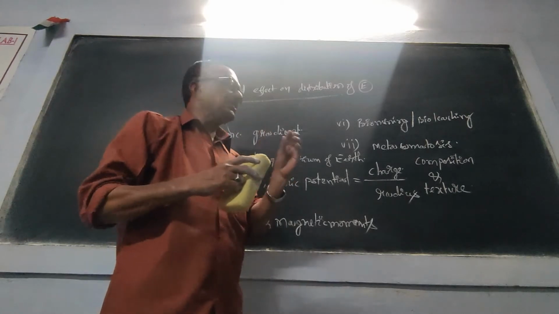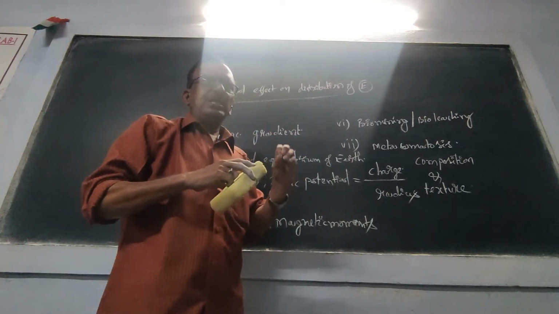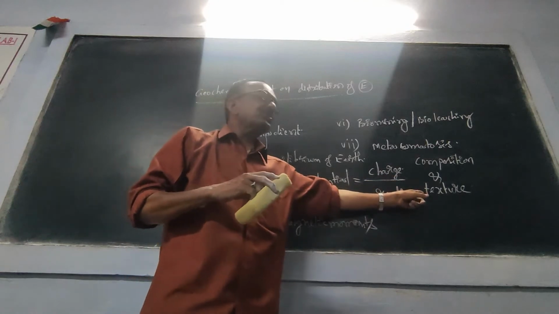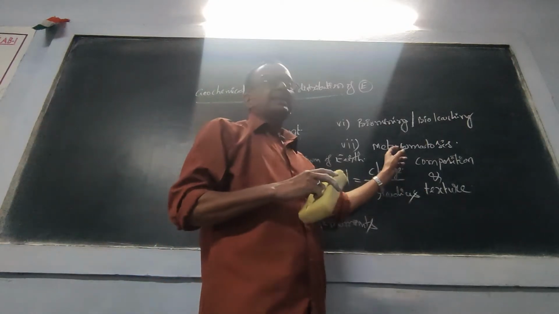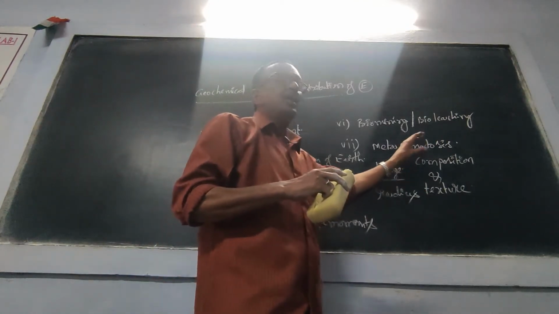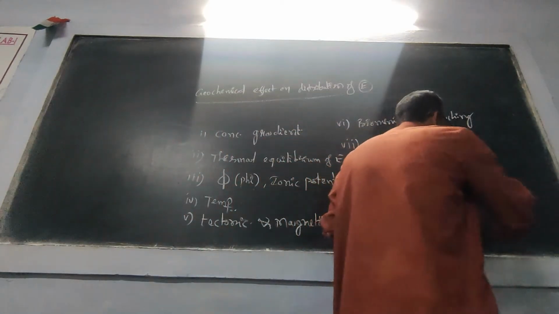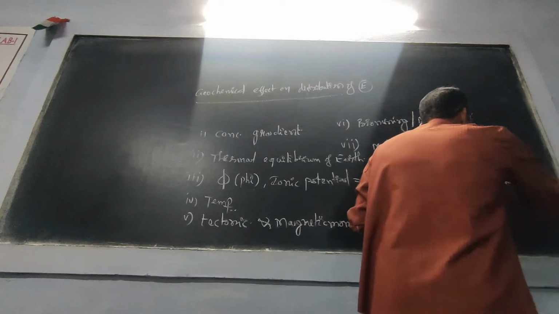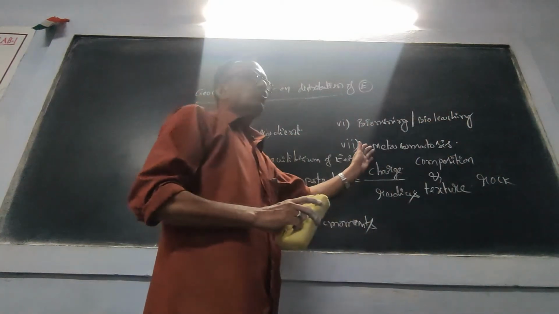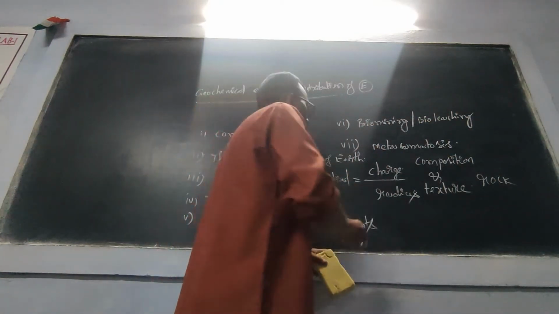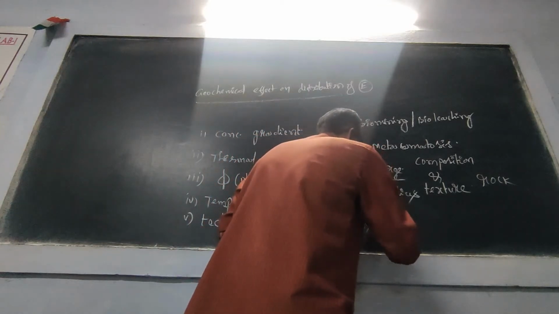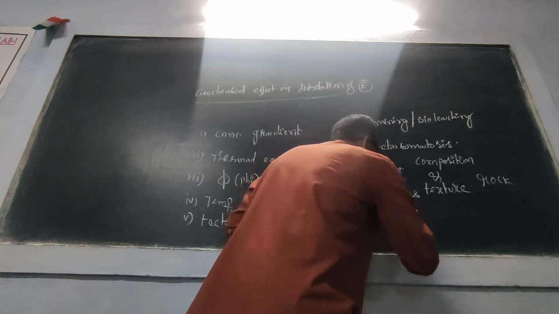So how these fibers are arranged, that constitutes the texture. So here the process of changing of both composition and texture of a rock is called metasomatosis. And last and final, the eighth one is solution effect.